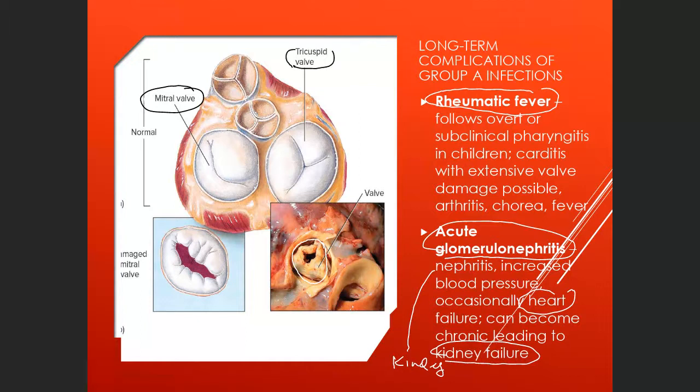So they are able to break and destroy these valves, causing problems with circulation and with heart contraction.